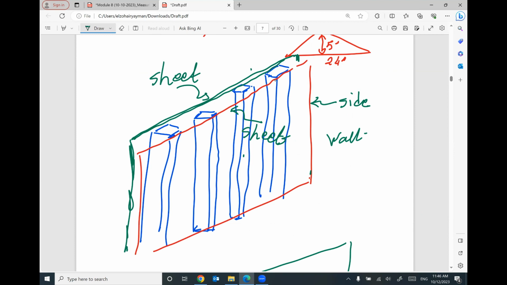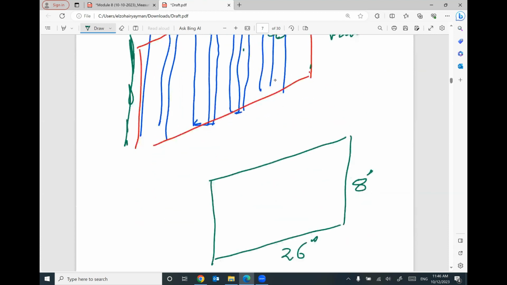We have another side on the interior, inside the room. So we have another side with the same area. So if you multiply 26 by 8, you have to double this area for the same wall.